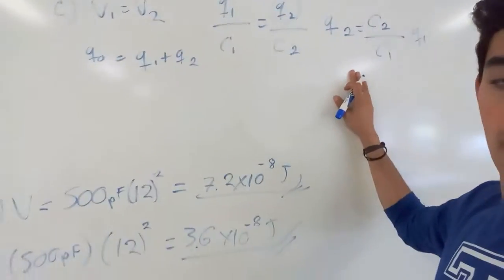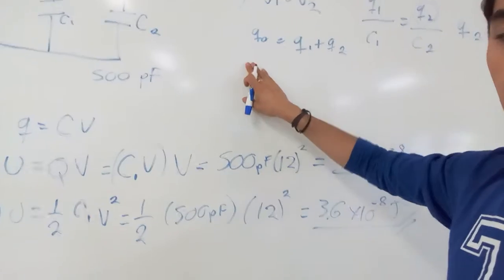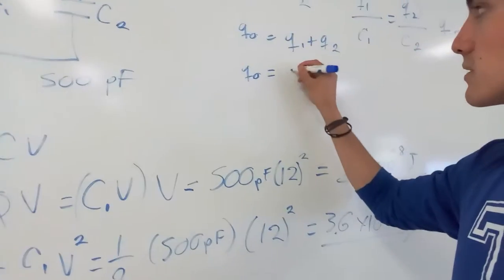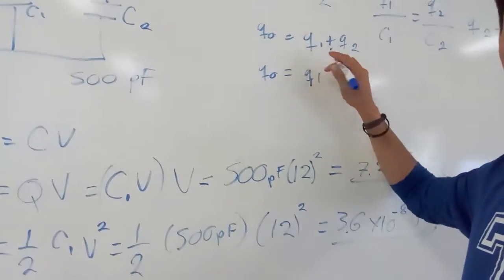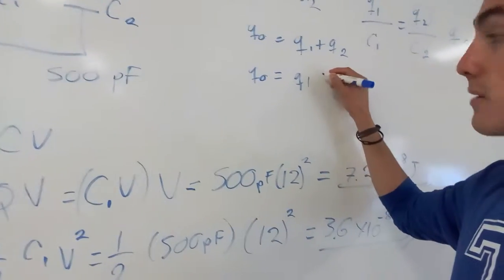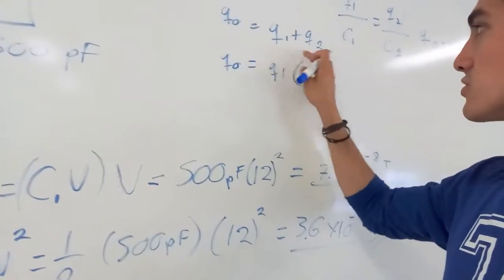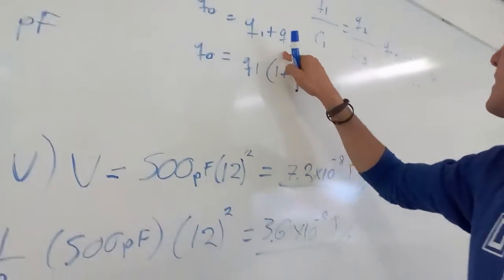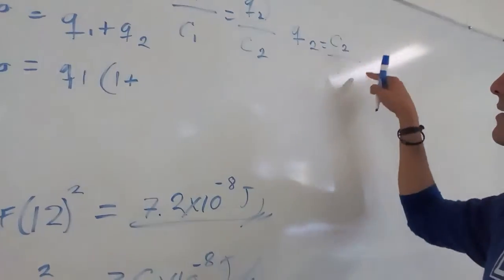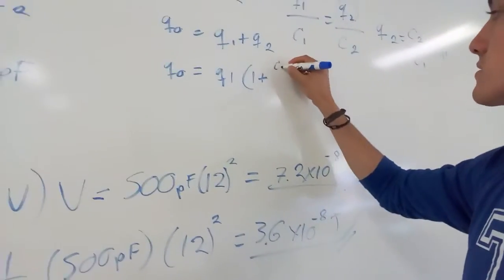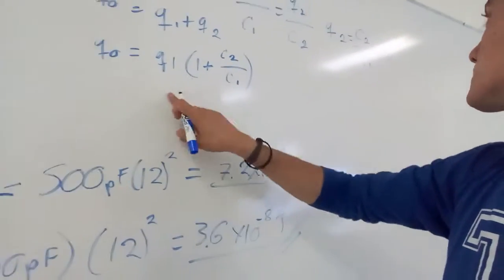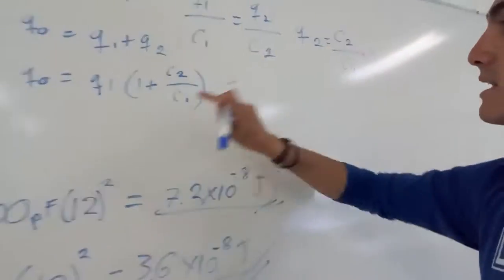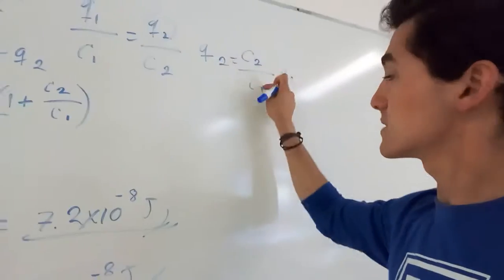And then we go back to this part. So our original charge is equal to the charge 1 plus, well, we factorize it, the charge 1, and it's 1 plus, but our charge 2 is this one. So we can put this part here, that is the capacitance 2 over the capacitance 1.